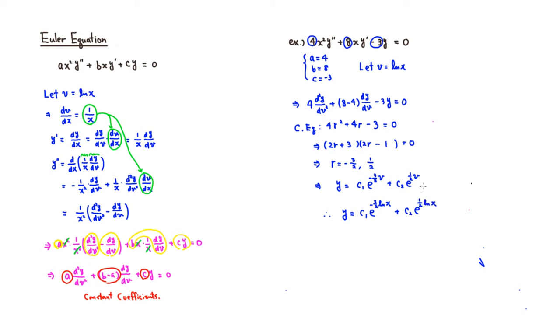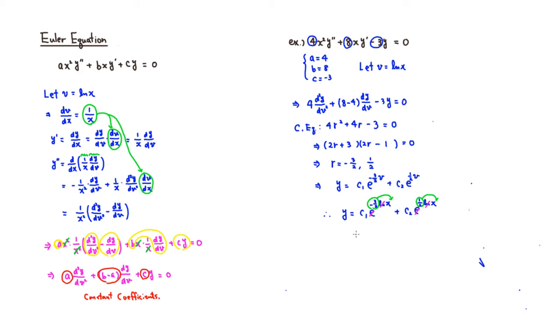Right? Then what we can do is a little bit of rewriting. So here you have negative 3/2. We can place it up here as a power. And you have a 1/2 and place it as a power up here. Right? So you can see that e to the natural log cancel out. E to the natural log cancel out.